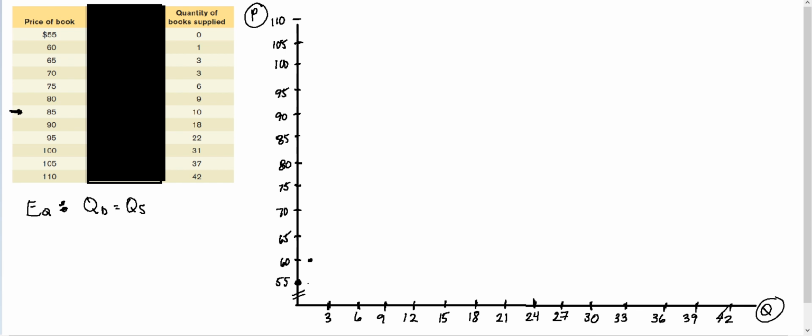At $65 per book, I have three sellers who are willing to come into the market and sell their book. And I'm actually just going to put in rectangles to correspond with our method thus far of calculating consumer and producer surplus using this rectangle method.